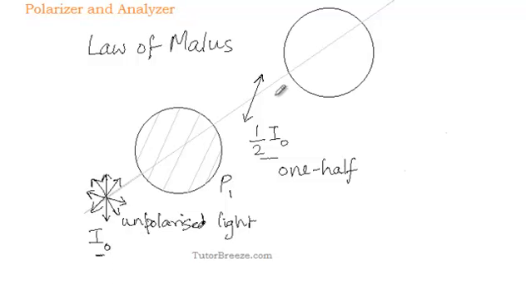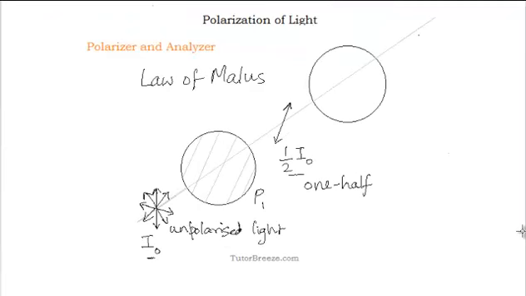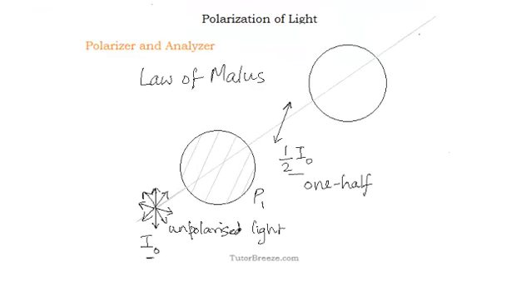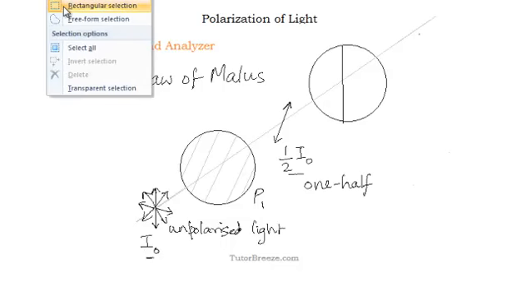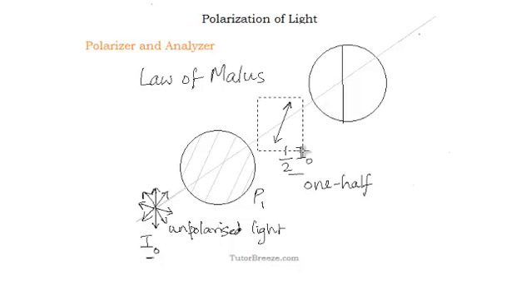Now let's see what happens when this light is incident on the second Polaroid. Let's say that the polarizing direction of the second Polaroid is vertical. So this is the polarizing direction, and I'll just copy and paste this light which is incident on this.